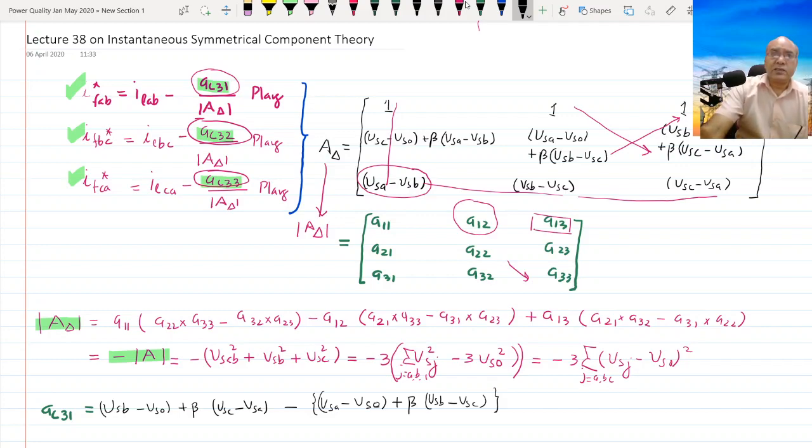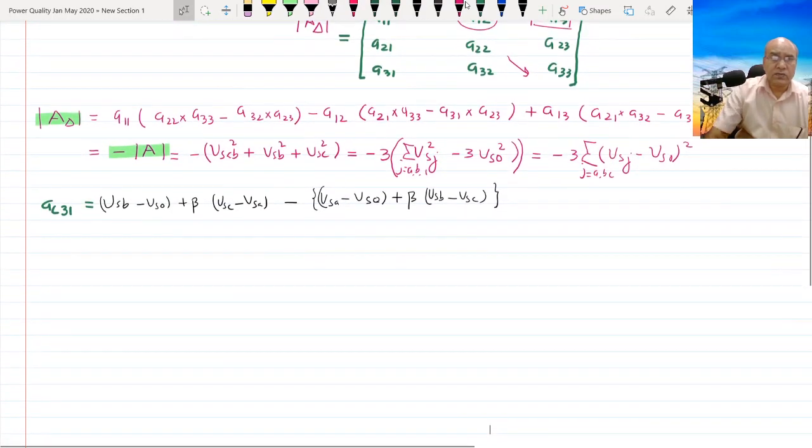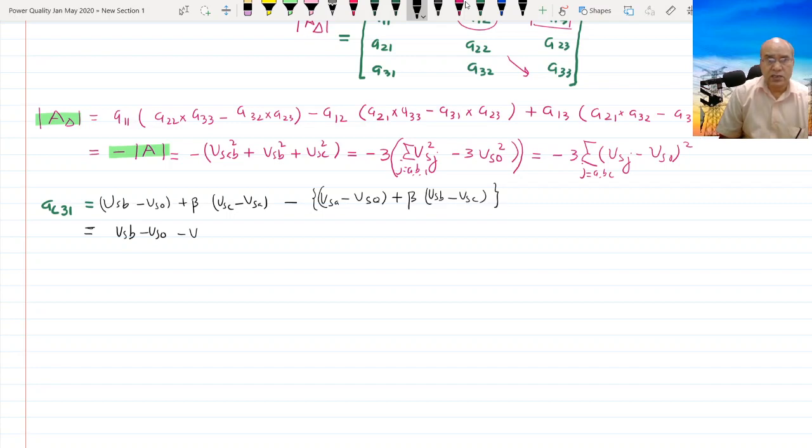Check me if I am correct. Is that fine? Now we collect the coefficients of the beta and non-beta terms. So this is equal to here, this is Bsb minus Bs0, and from this you get minus Bsa and minus minus plus Bs0. So Bs0 will go away with this.